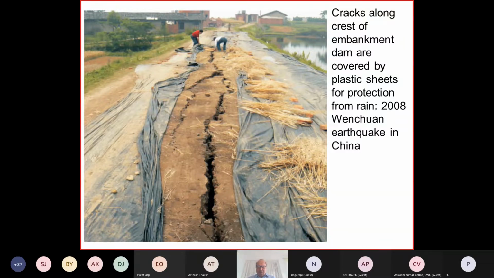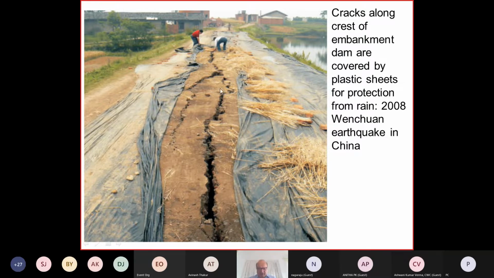I like to show this photo because it also shows these plastic sheets. These plastic sheets have been provided to protect these cracks from infiltration of rainwater, because the permeability of this material would be very small.